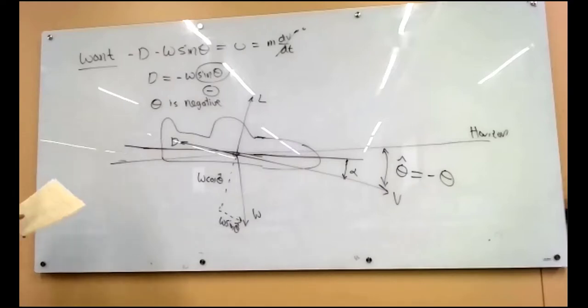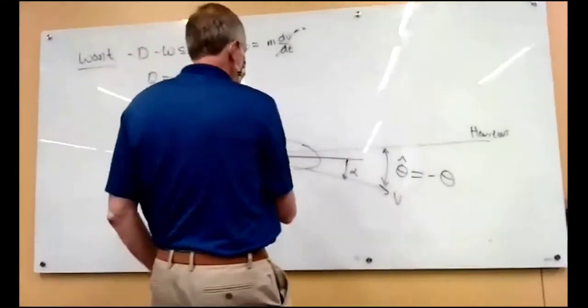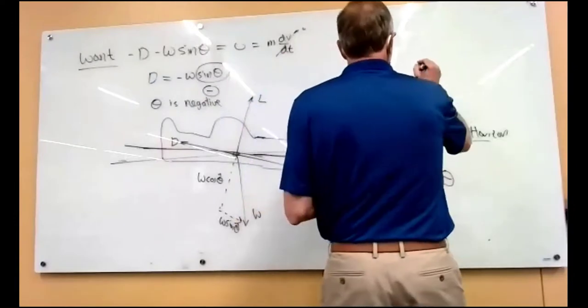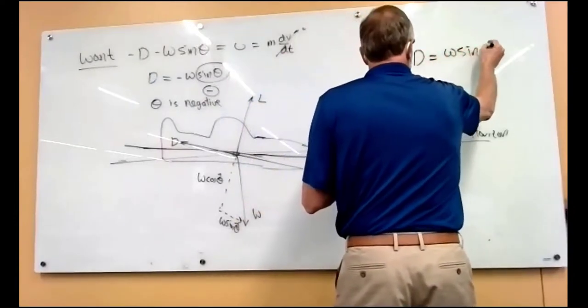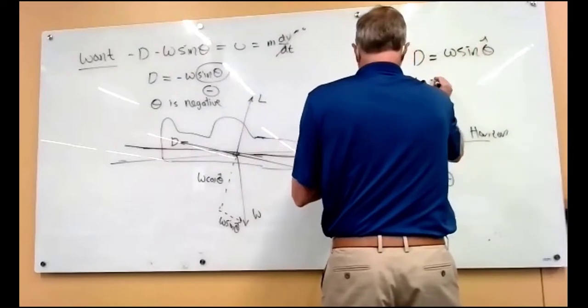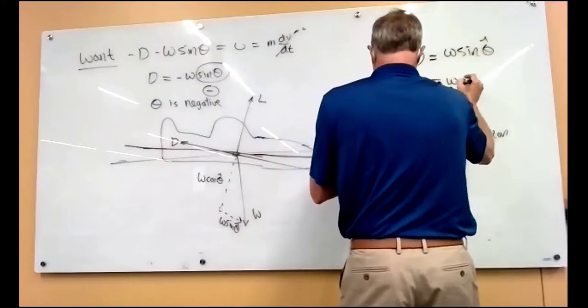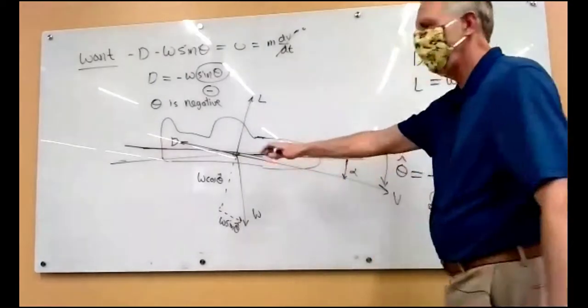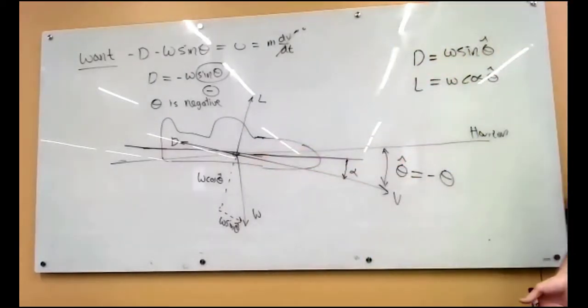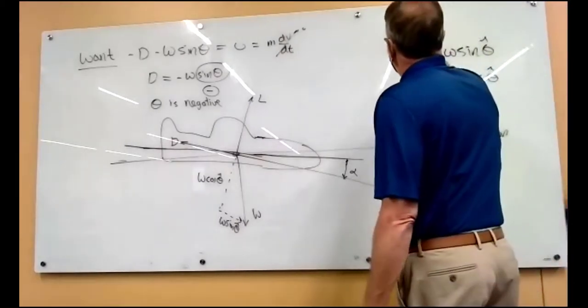So in the book, he does everything in terms of this picture and theta hat. So the equations that go with this. And notice that the cosine doesn't flip sine because cosine of negative or positive is the same thing. So these are the equations for gliding flight.